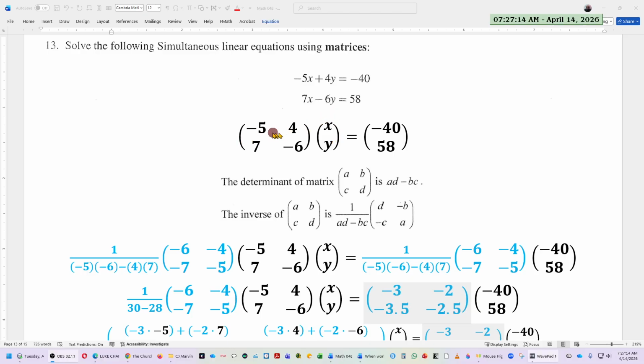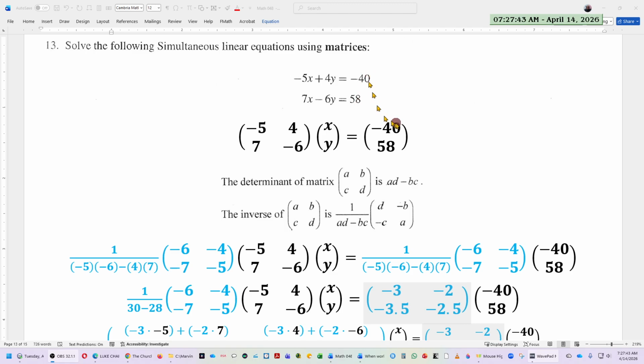So if we were to multiply these two out, we'd end up with the minus 5x plus 4y and the 7x minus 6y, because it's row by column, so position 1 by position 1 and position 2 by position 2. So going from here to here is sound. If you need to take the time to multiply this out to see that that's fine.